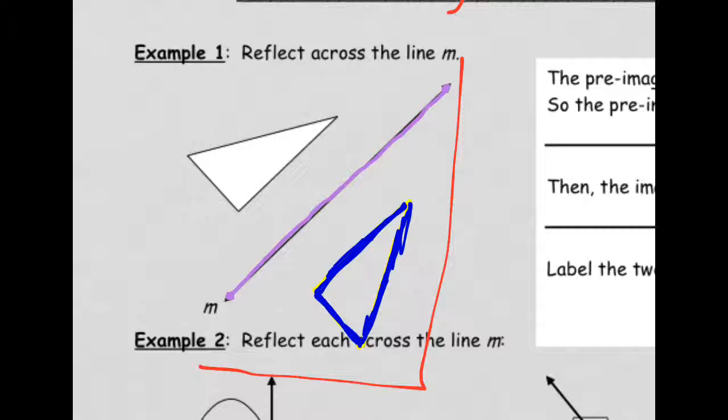So when you pick your patty paper up, you're still going to have that trace of the triangle. And lastly, we're going to take a look at the corresponding vertices on each image, and then connect those dots.